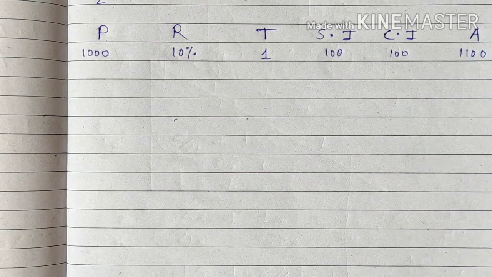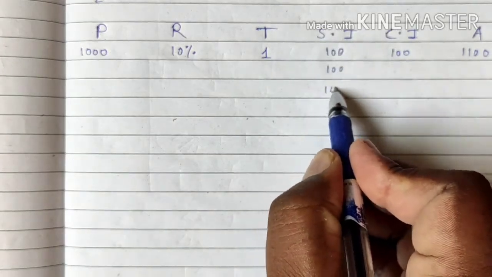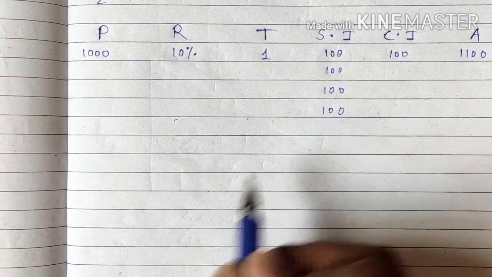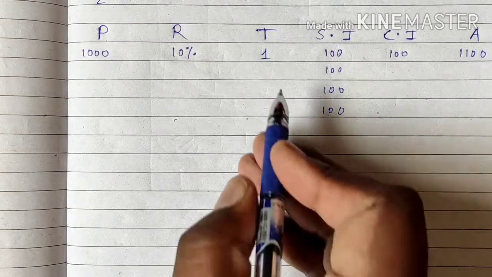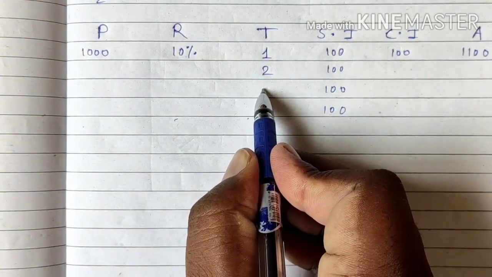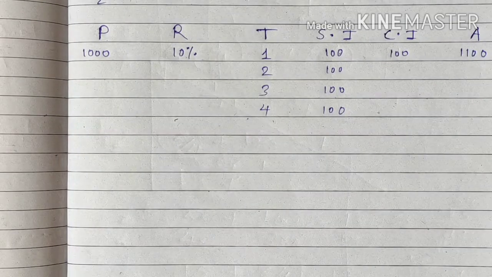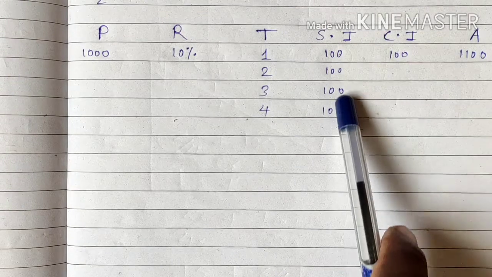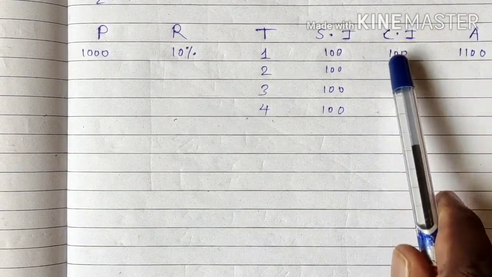Now students, what is happening here: the simple interest will be the same for every year, but the compound interest changes. If we calculate the interest for 2 years, 3 years or 4 years, the simple interest will remain the same for every year, but the compound interest changes.